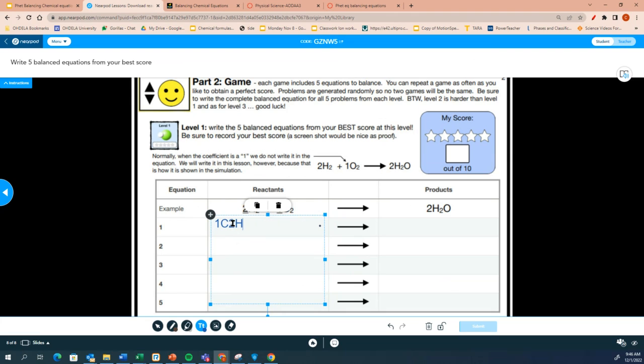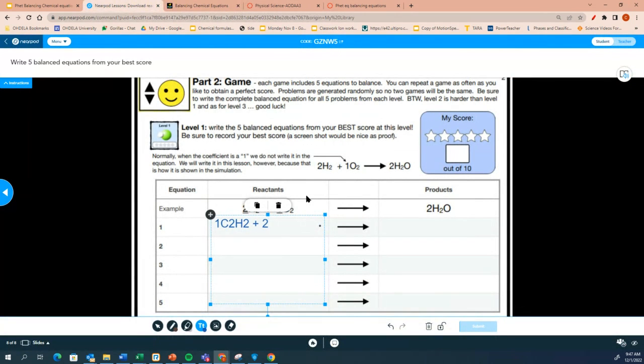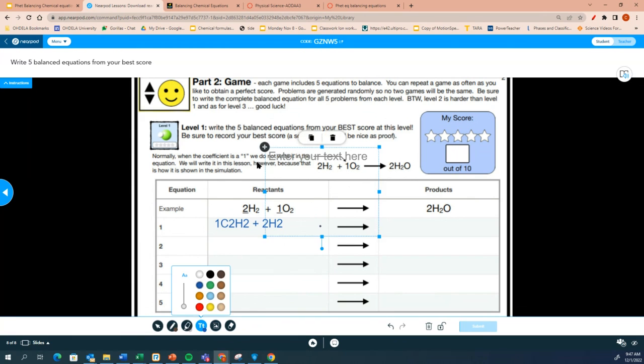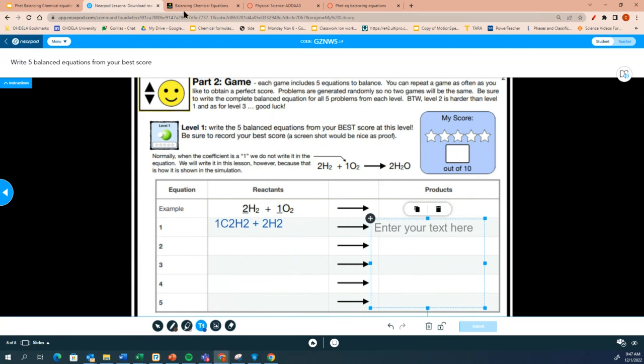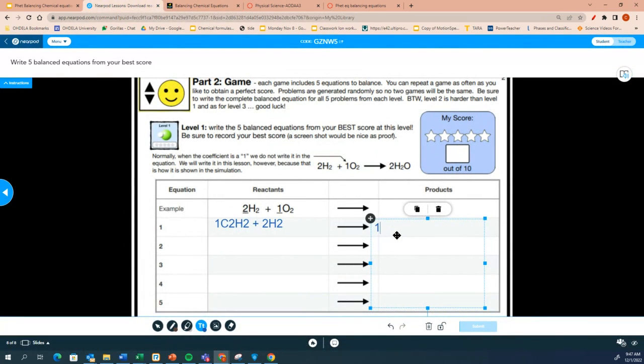C2H2 plus, let me look at my equation here, 2H2 gives me 1C2H6. That's how I do that first one.